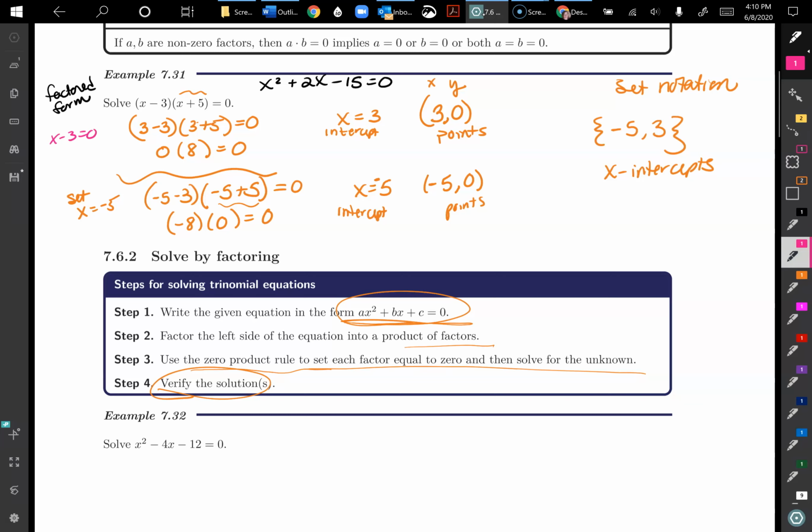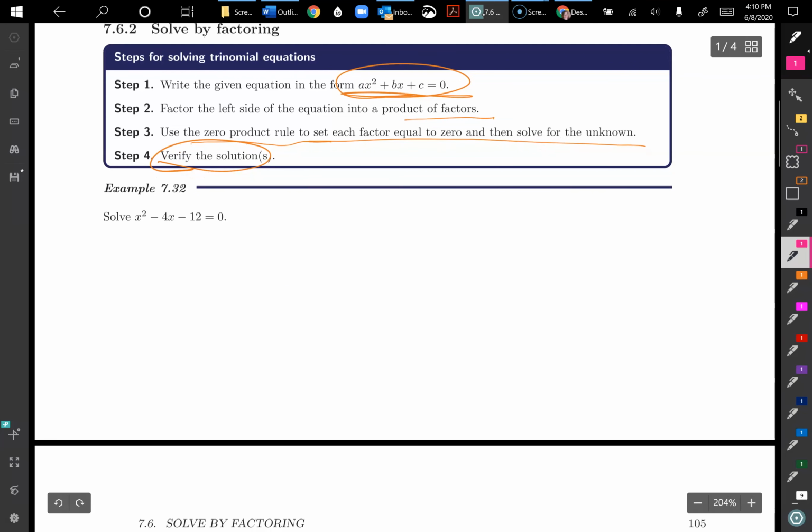And then I would do x minus 5 equals 0, and I would solve. It's actually x plus 5 there. Okay, so down here, that's what I'm going to do, just so I can show you.